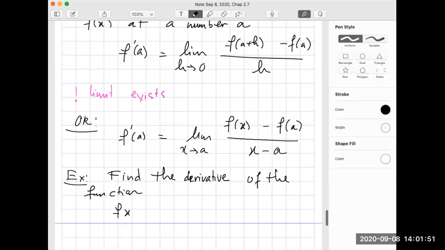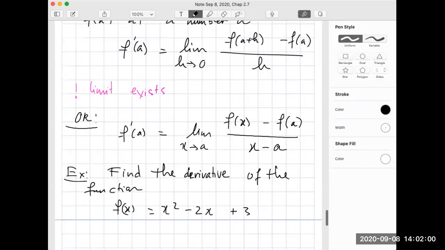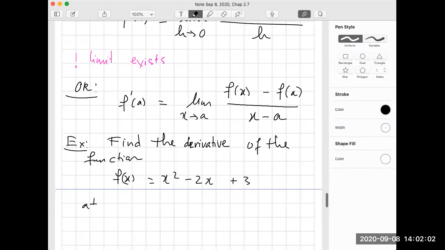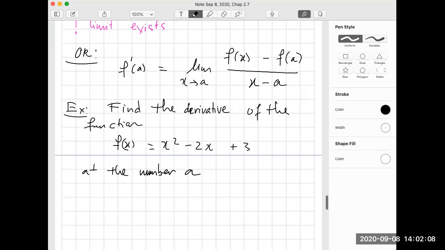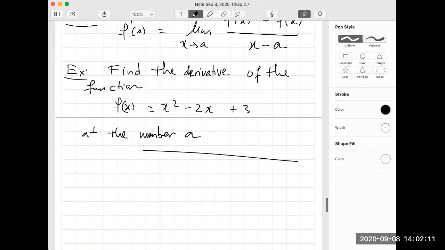f of x is x squared minus 2x plus 3 at the number a. Okay, so we have the definition of this.